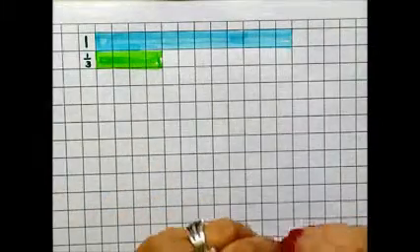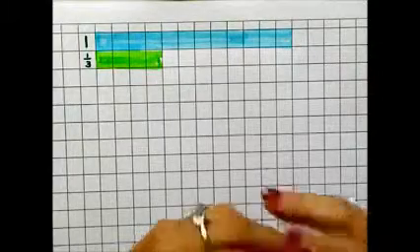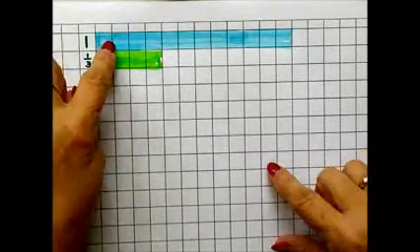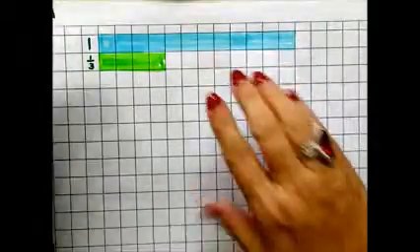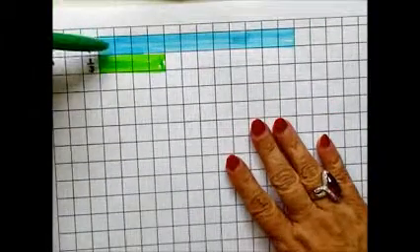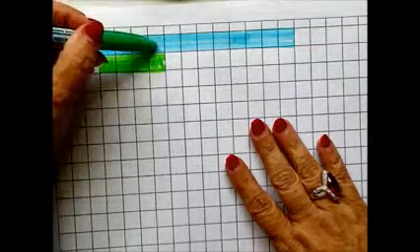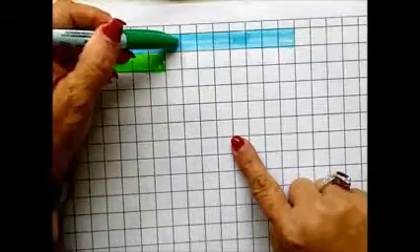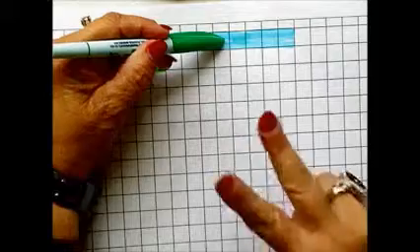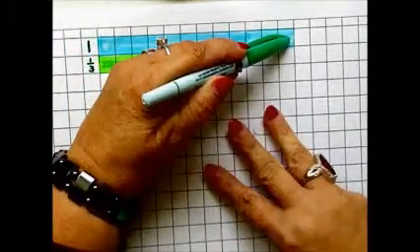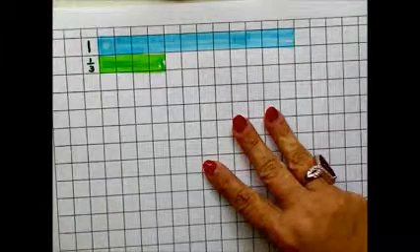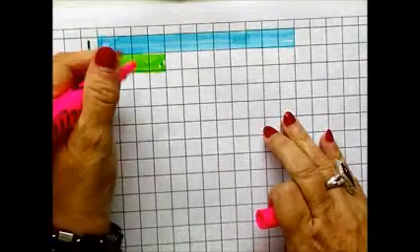Okay, now let's think about 1/4. I want to share my fractions with 4 children. So we're going to count with 4. 1, 2, 3, 4. 1, 2, 3, 4. 1, 2, 3, 4. So each child would get 3 pieces.